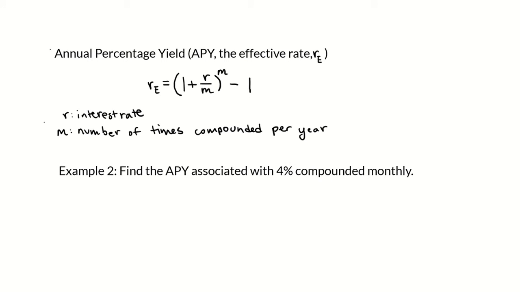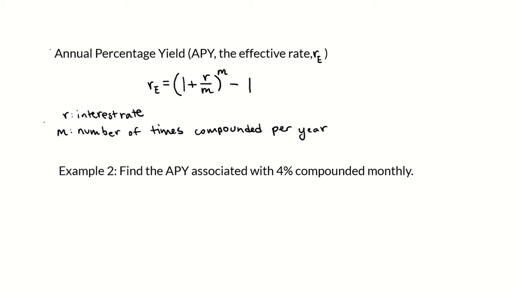The annual percentage yield is abbreviated APY. It's also known as the effective rate, or R sub E. This is the simple interest rate associated with a certain type of rate with compound interest. So it's the effective rate of what would happen after 1 year in the simple interest formula, given the information used in the compound interest formula.